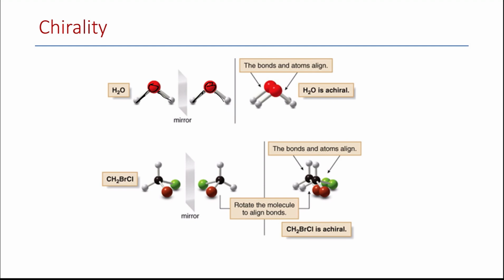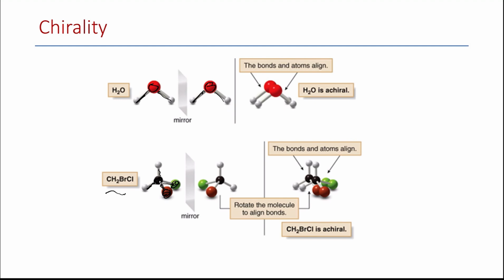If we have a look at another molecule, bromochloromethane, this one. This is the carbon atom connected to two hydrogens, and then we have a bromide and a chloride substituent. So these are the four substituents on the carbon atom.